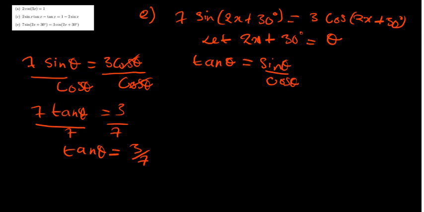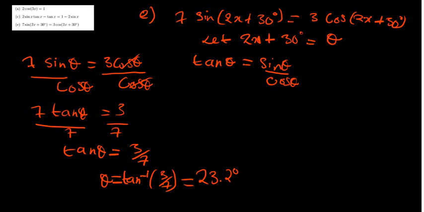You can find tan inverse of 3 over 7 using a calculator. I'm getting 23.2 degrees. So that's the angle theta.